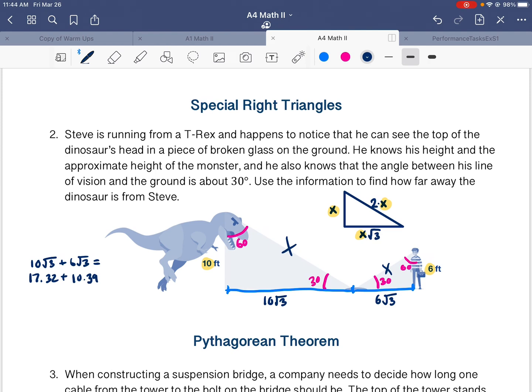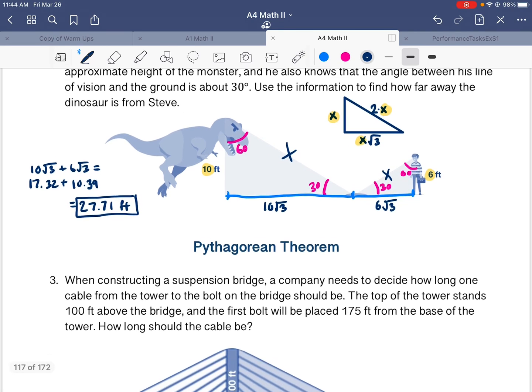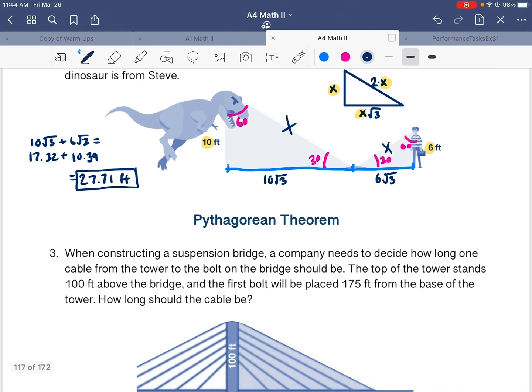If we add those two up, we're approximating here because it's decimals, gives you 27.71 feet away. Silly question, but the math is sound.